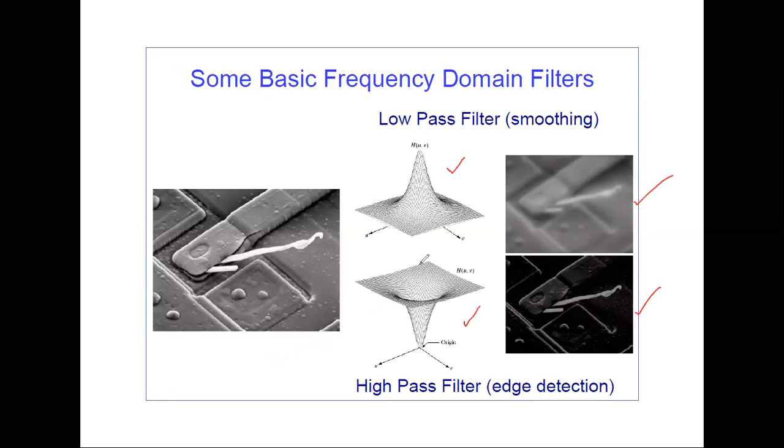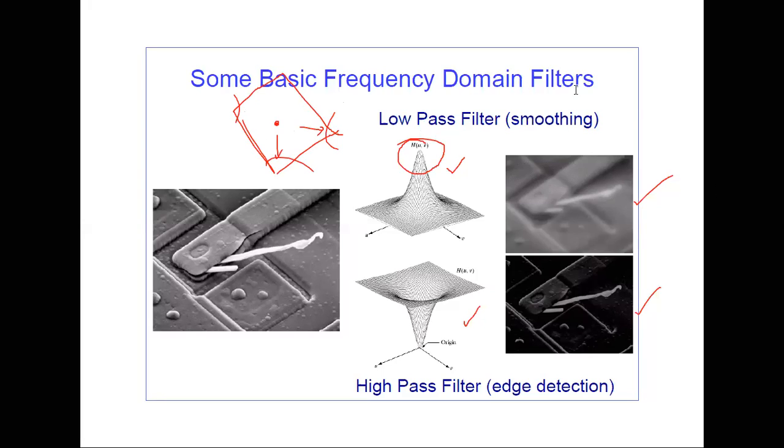If I have the Fourier transform, the values in the center indicate the low frequencies and the values in the corner indicate the high frequencies. So low pass filtering is all about picking up the frequencies in the center, whereas high pass filtering is all about picking the frequencies in the corner, what we call the details.